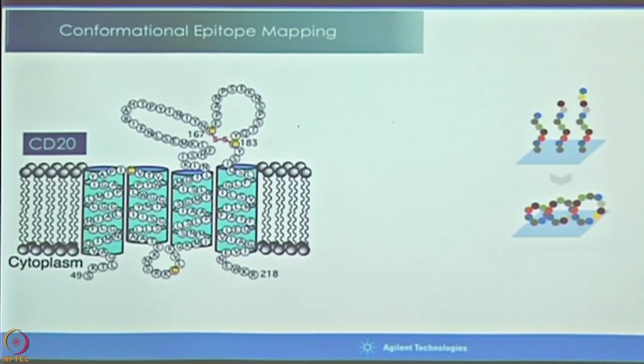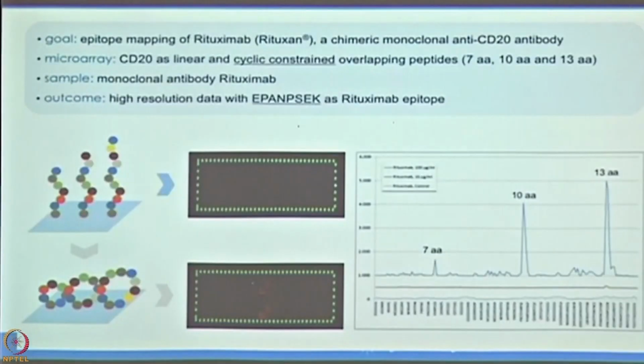Similarly, they look at the protein form in the extracellular part. They make it on a slide basically, like this format. And now when they use this conformation and this conformation, right? See this, they're getting the positive signal from this for these epitopes. But if it is linear, you don't see any signals, right? So they're clearly showing that there are 3 different epitopes, amino acids 7, 10, and 13, right?